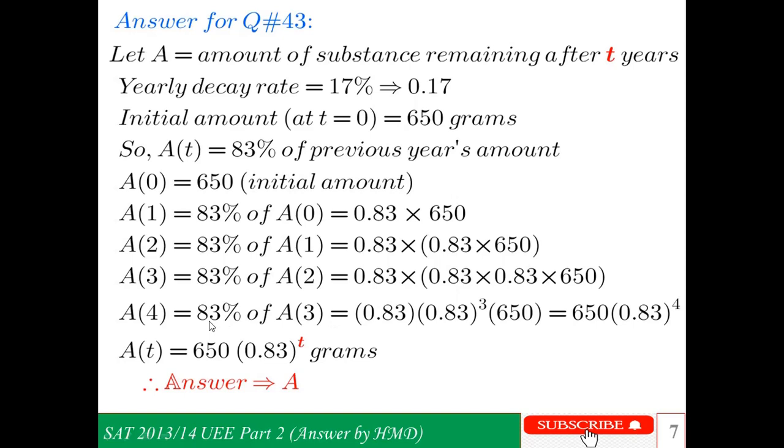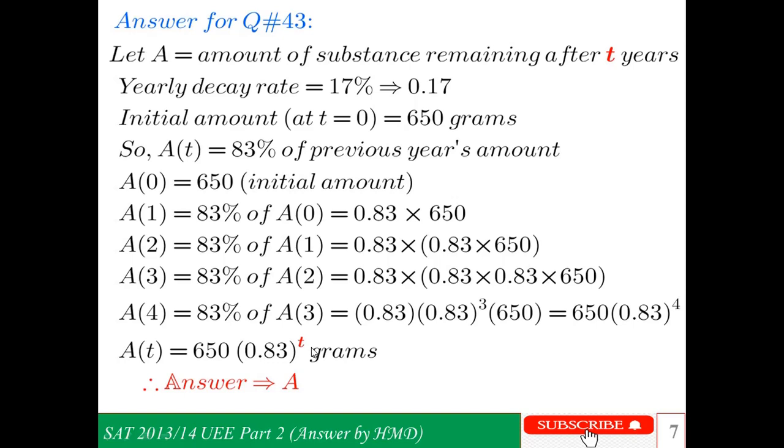After 4 years, it becomes 0.83 to the power of 4 times 650. So, based on this pattern, after t years, the amount of substance remaining is going to be 650 times 0.83 to the power of t grams.